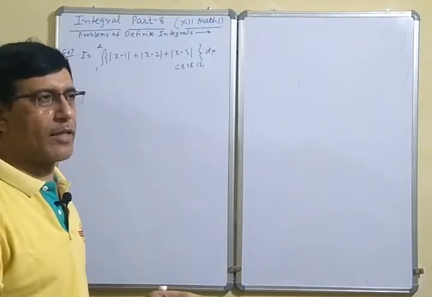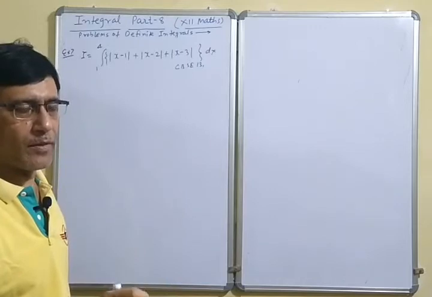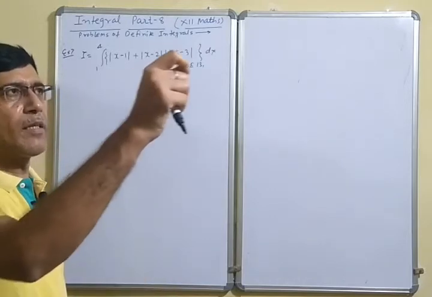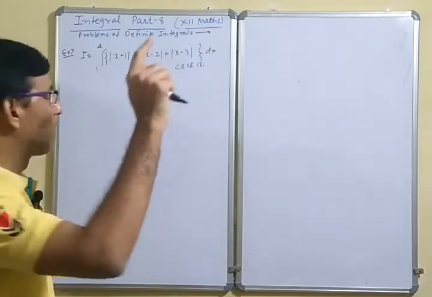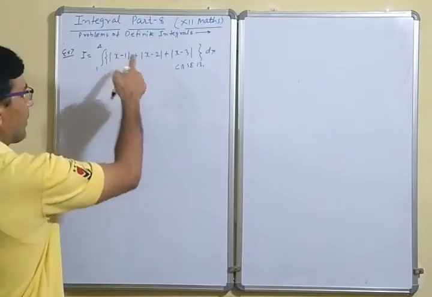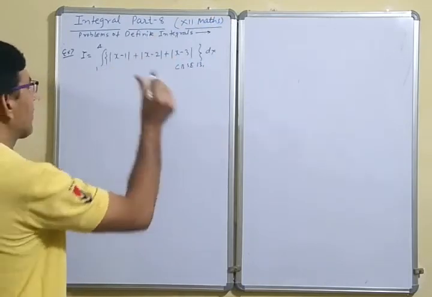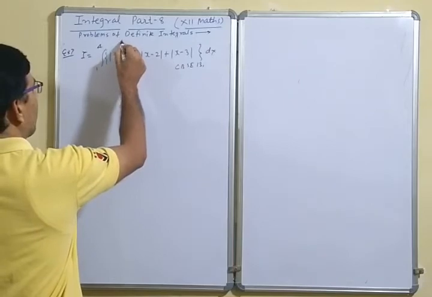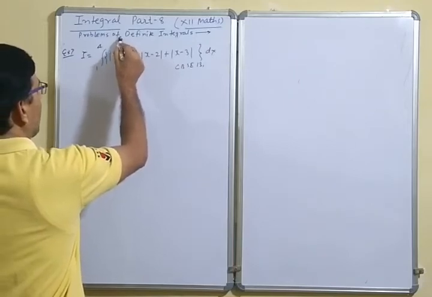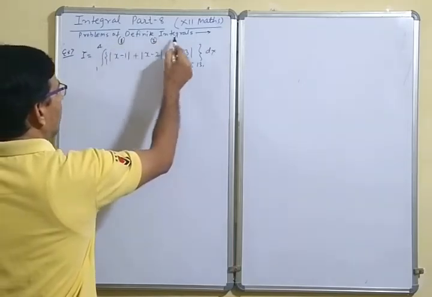So find the zeros and mention the points of zeros. x minus 1 becomes 0, so x is 1. Here you write 1, this is 2, and this one is 3.